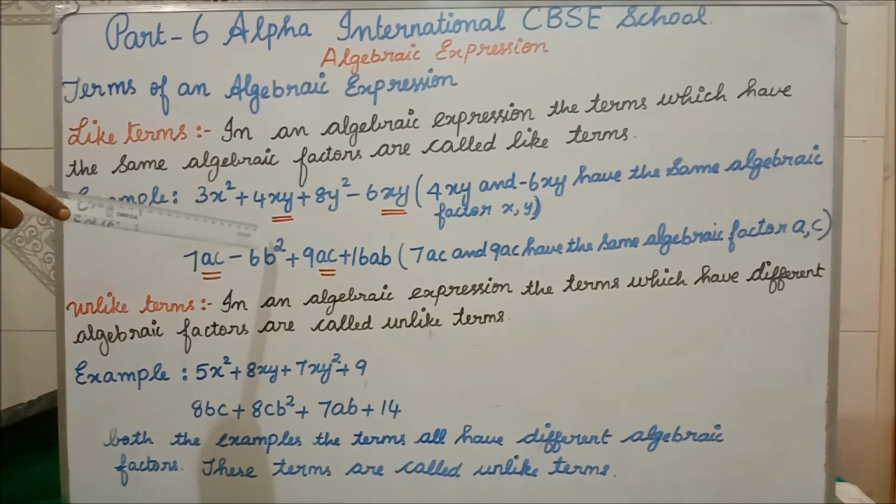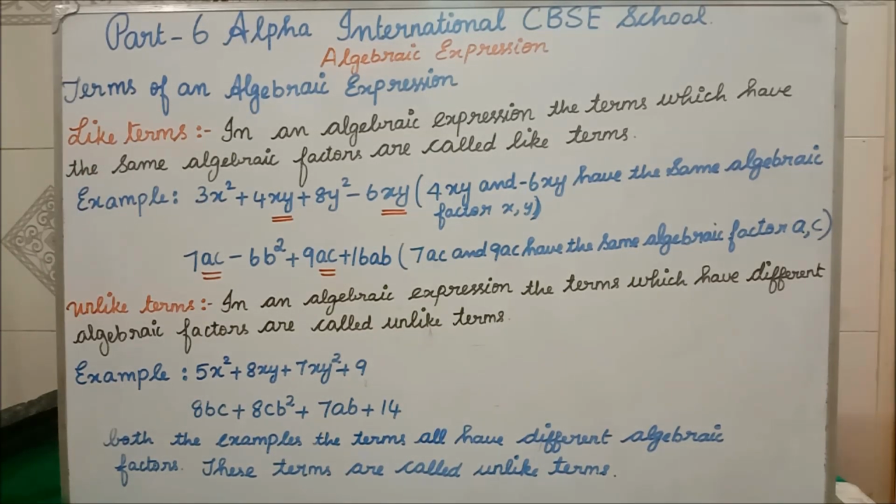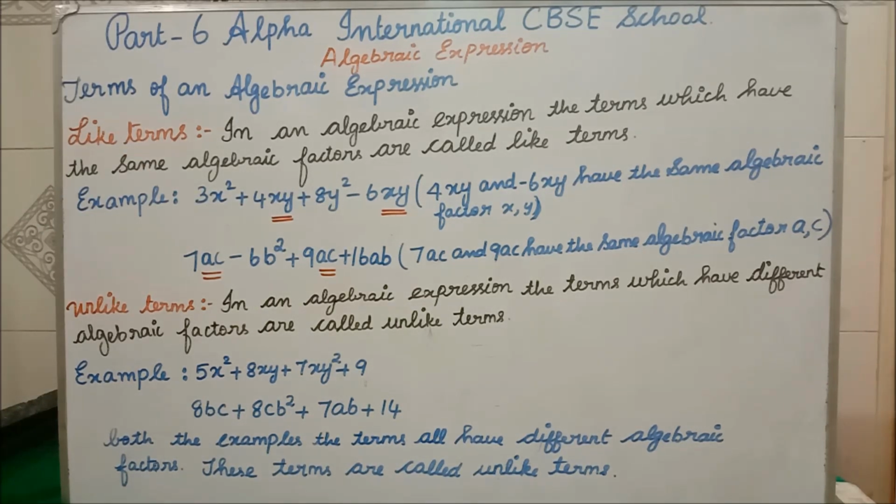Therefore, 4xy and minus 6xy are like terms. The remaining 3x square and 8y square are unlike terms. Clear all of you? Now you see the next example.